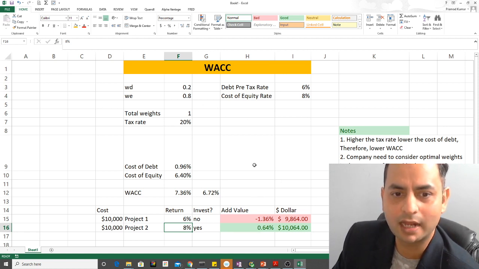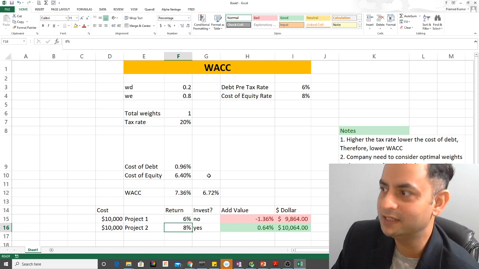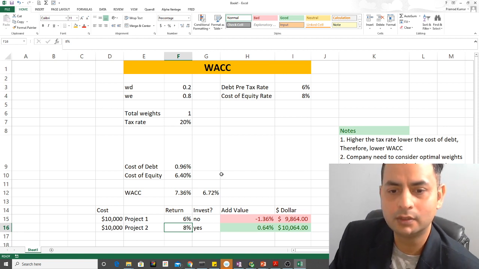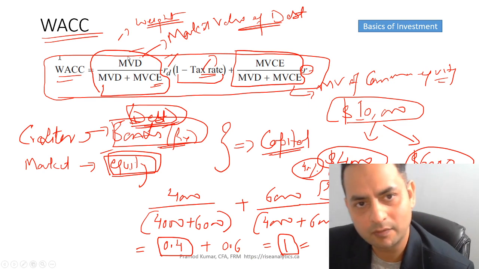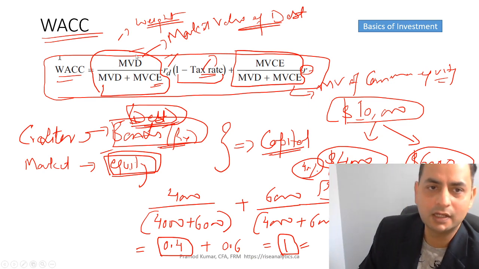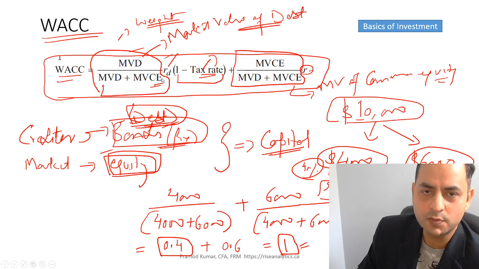So this is a very small hypothetical example, but hopefully it gives you good insight into the different WACC components. Just to reiterate: WACC is the weighted average cost of capital. Weights are determined by the market value of debt over market value of debt plus equity.